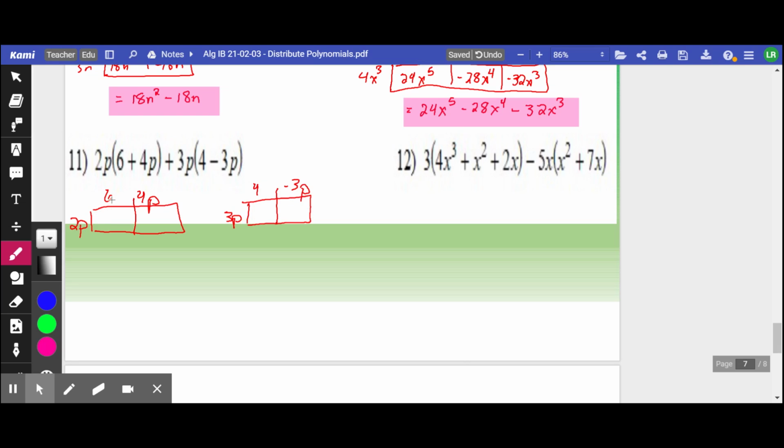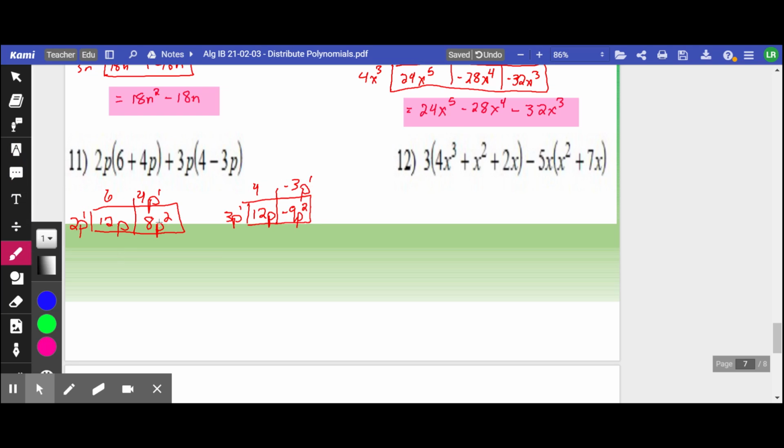And just make sure we multiply. So starting here, 2p times 6 is 12p. 2p times 4p, 2 times 4 is 8. Remember, p times p, we have to add the exponents. That becomes p squared. For the second one, 3p times 4 is 12p. 3p times negative 3p is negative 9. And then p squared. Remember, p times p, we add the exponents.